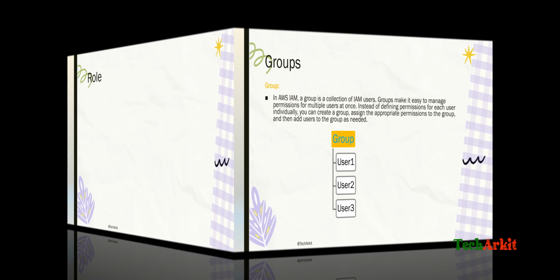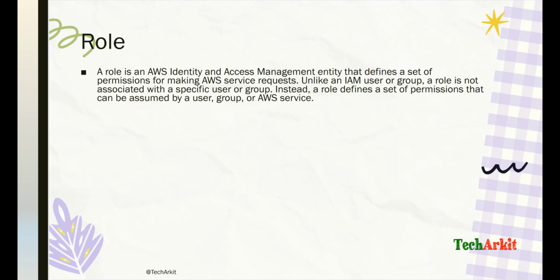Role. A role is an AWS Identity and Access Management entity that defines a set of permissions for making AWS service requests. Unlike an IAM user or group, a role is not associated with a specific user or group.